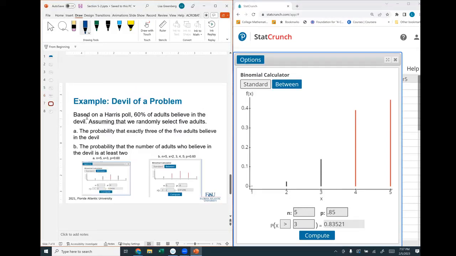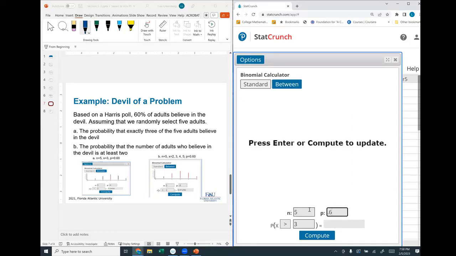Okay, so based on a Harris poll, 60% of adults believe in the devil. Assuming that we randomly select 5 adults, okay, so n is 5 again. The probability that they believe in the devil is 0.6, 60 divided by 100.